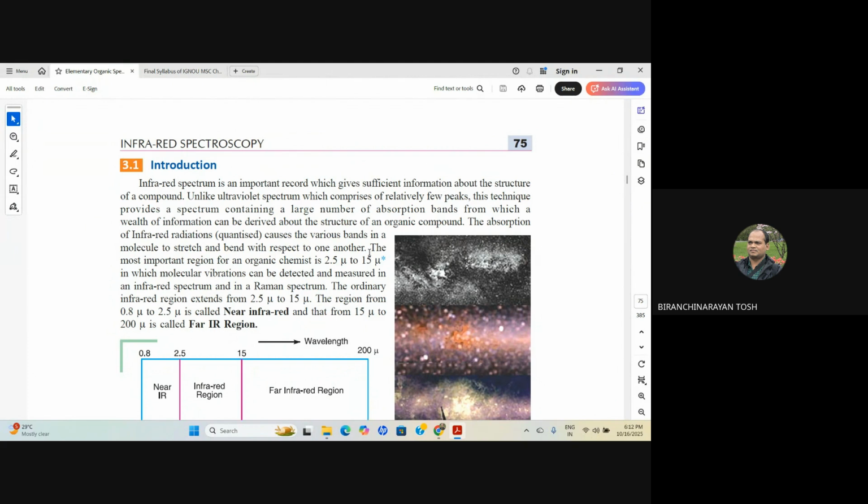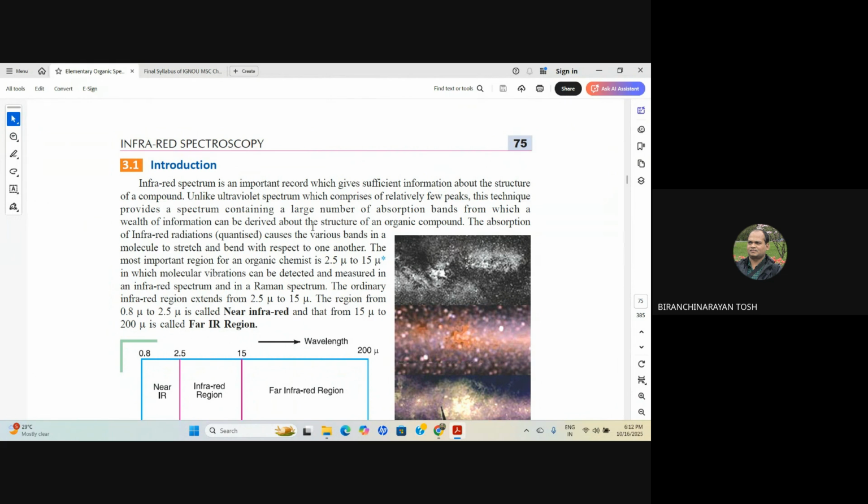But in infrared, when infrared radiation is absorbed by a molecule, there will be a change in the vibrational energy level, not the electronic energy level. So the molecule will shift from one vibrational level to another vibrational level within the same electronic level, because vibrational energy is less than electronic energy. Therefore it is also known as vibrational spectra.